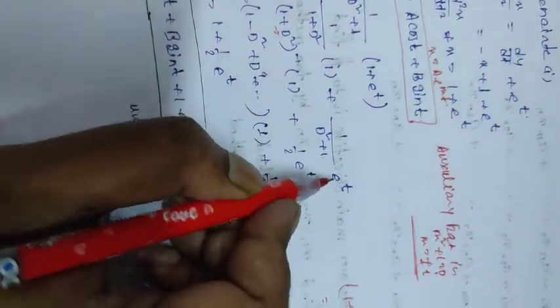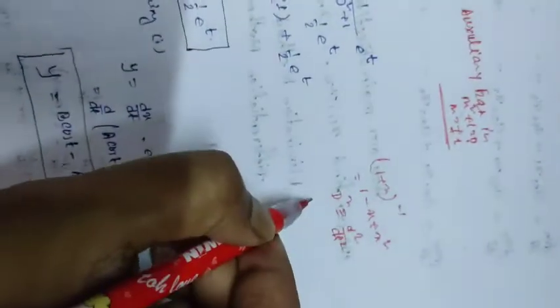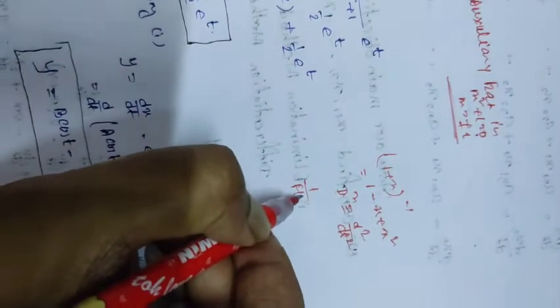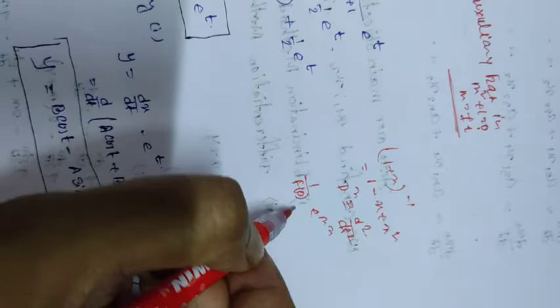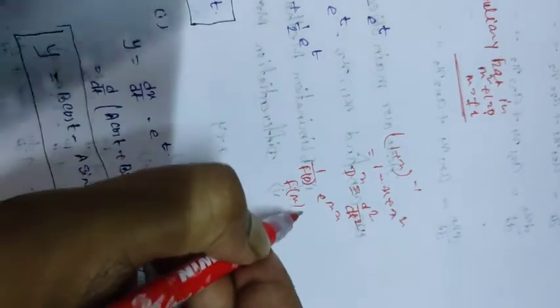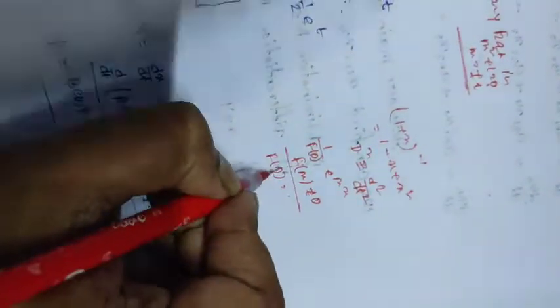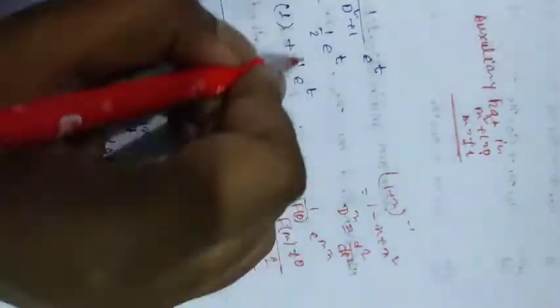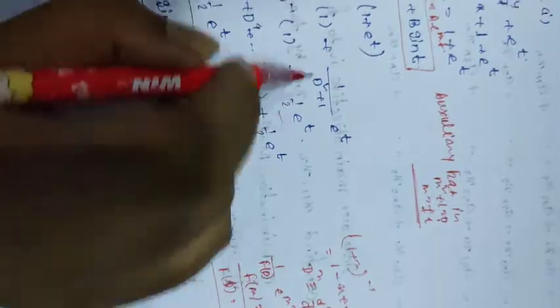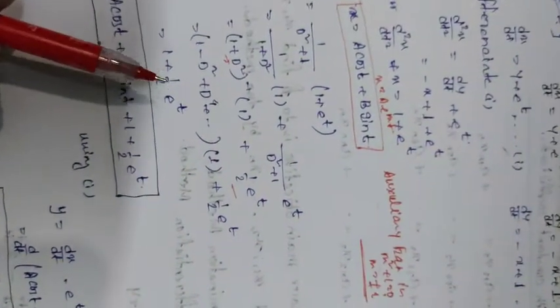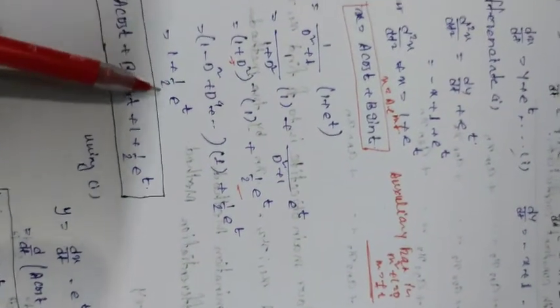And 1 by D square plus 1 of e to the power t, as we know that 1 by f of D e to the power mx, where f of m is not equal to 0. So here m is equal to 1 and f of D is f of m, that is f of 1 is equal to 2. So we will get half e to the power t, and if we simplify, we will get 1 plus half e to the power t.